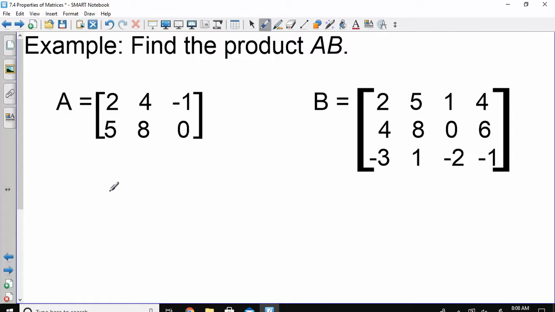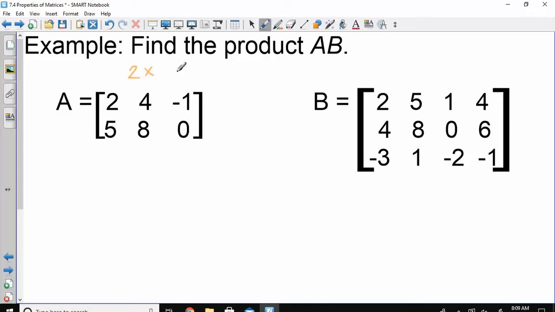So I want to find A times B. First, we have to make sure it's possible to do A times B. That's when we look at the size. When we do size, we do rows by columns. So matrix A, how many rows do we have?